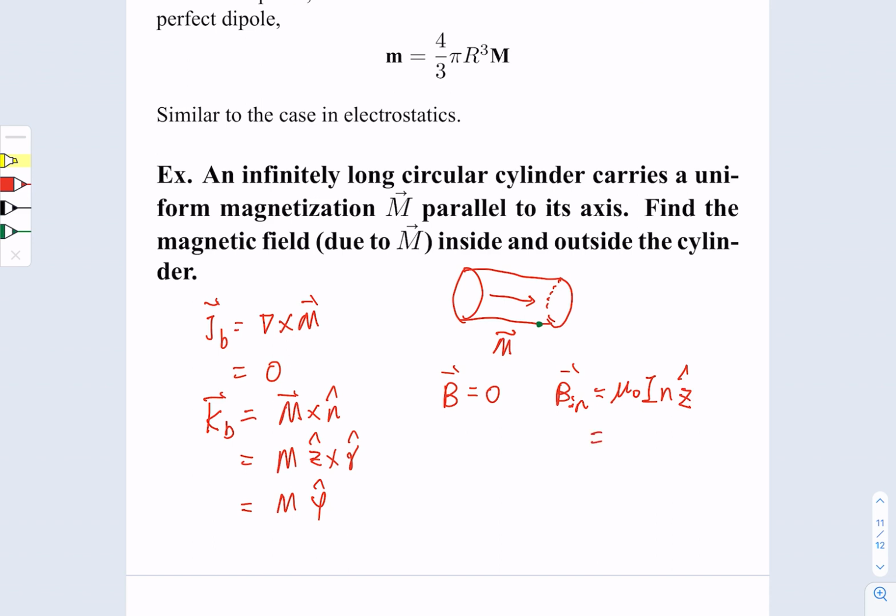Now you can identify that I times N, the current over length, gives a surface current, so IN can be combined into K. This K is proportional to the magnetization, so the B inside can be expressed as mu naught times the magnetization vector M. In the end, we get an extremely simple answer: outside is 0, and inside is simply mu naught times M.